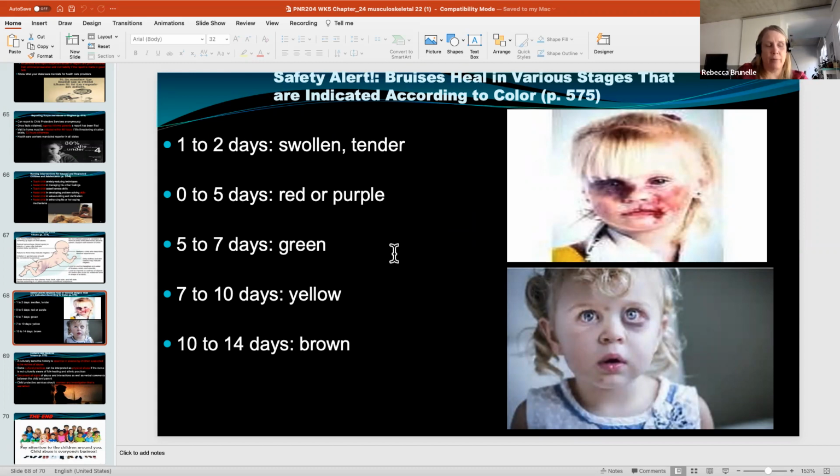The other thing to think about is that when a child falls, they usually fall forward. So having a bruise on their knee is not that uncommon, but you don't normally fall backwards, so it would be weird to have bruises on your back. So always think about, does the pattern of injury that you're seeing fit with what the parents said happened? Does it seem logical? And do the bruises look like they're in various stages of healing?